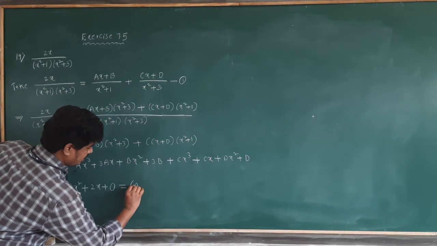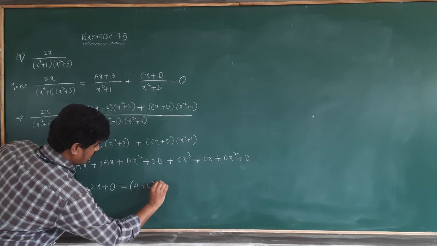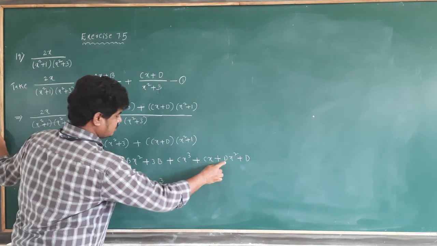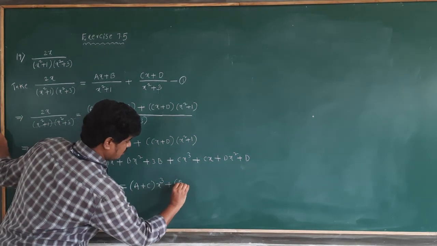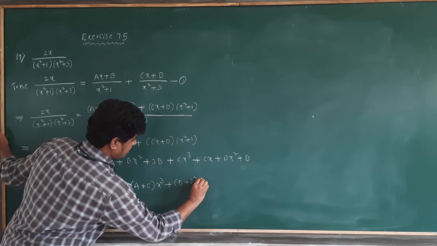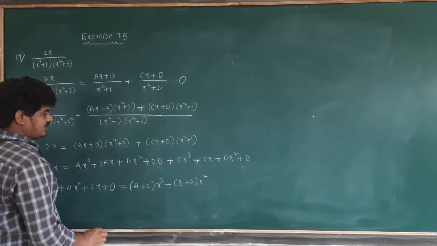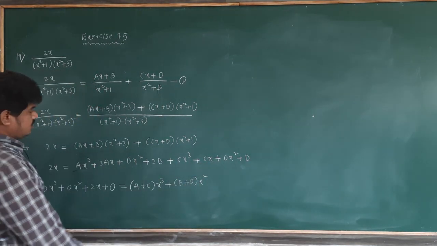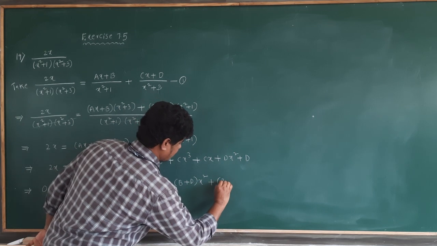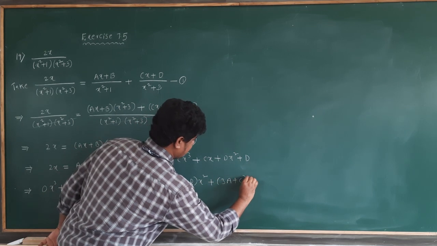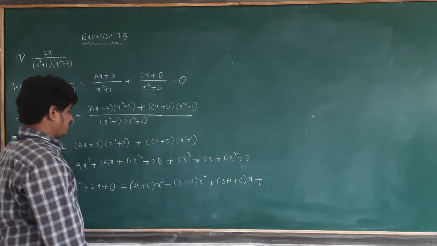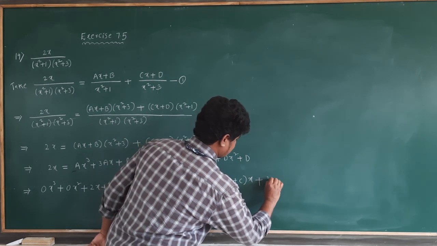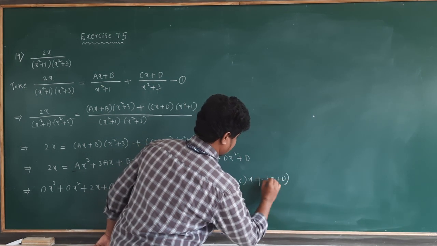In the RHS part, x cube means ax cube and cx cube, so we write (a plus c) x cube. Next, x square terms, bx square and dx square, so (b plus d) into x square. Next, x terms, 3ax and cx, so (3a plus c) x, plus constant terms 3b and d, so 3b plus d.